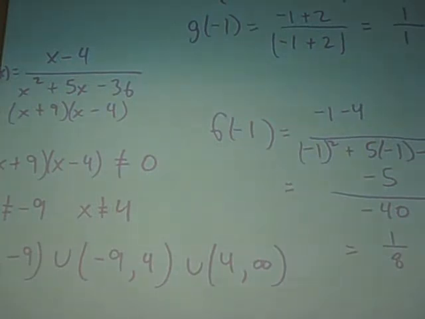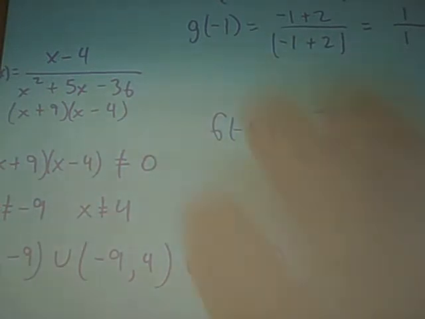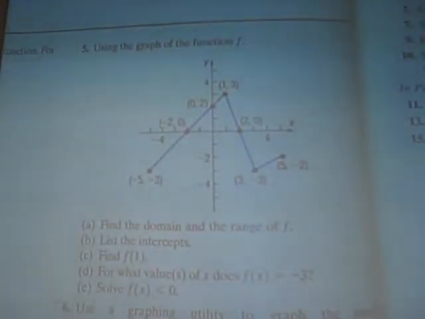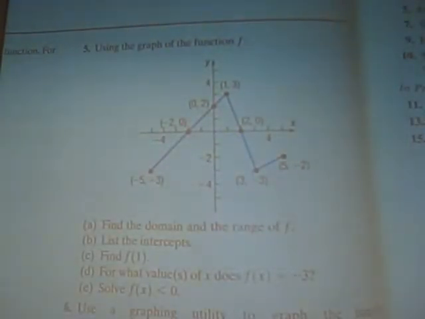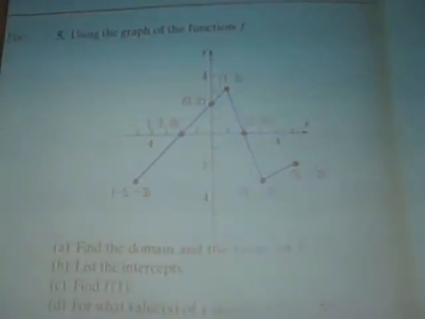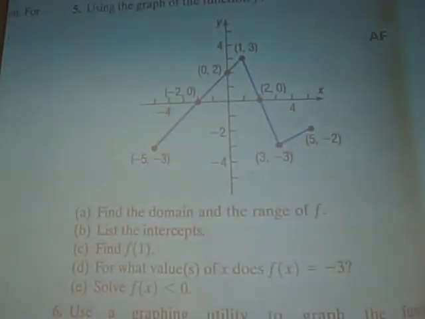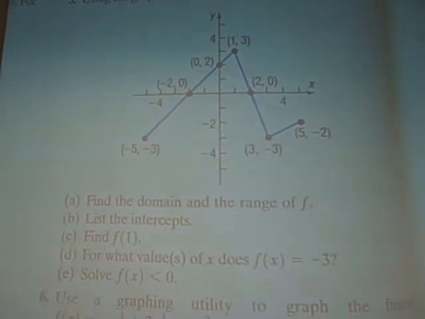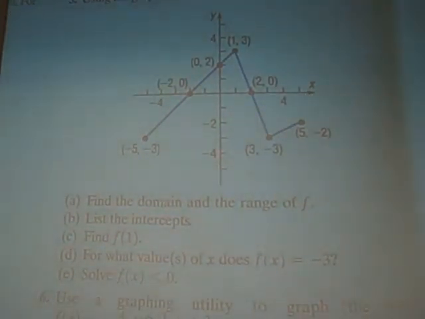Okay, number 5 is another one that we may want to take a look at the graph in the book real quickly. So the domain is, looks like we can put everything in from -5 to +5.